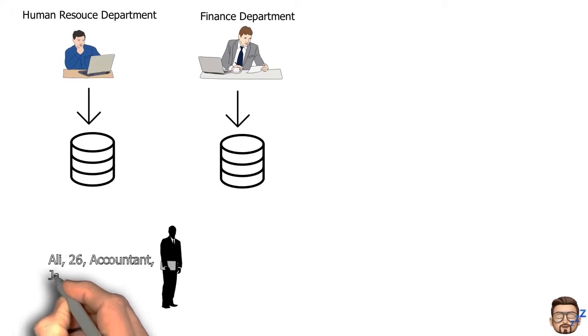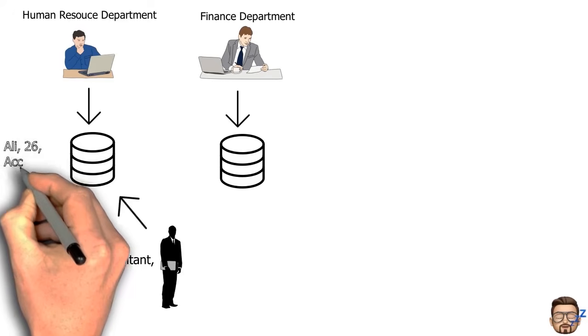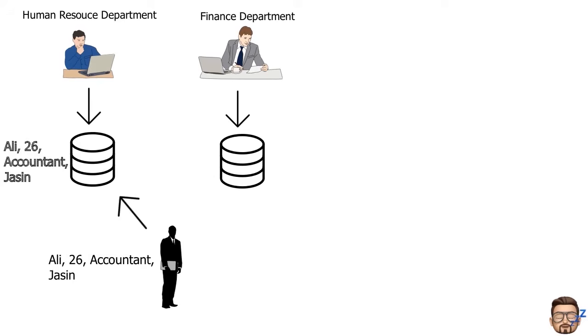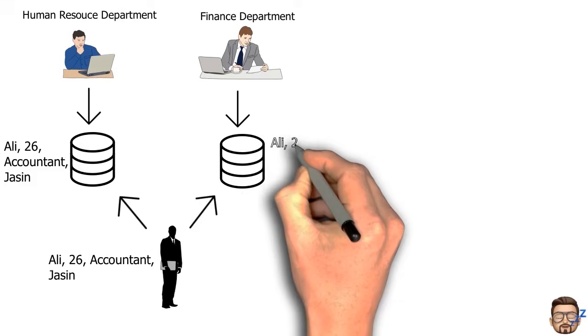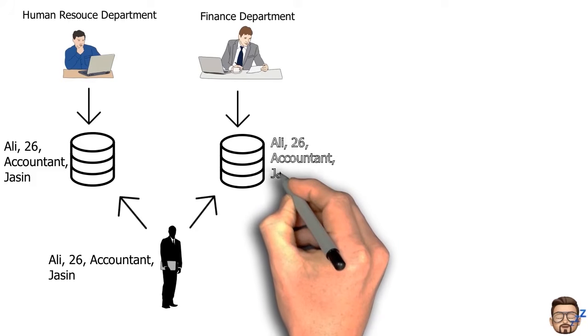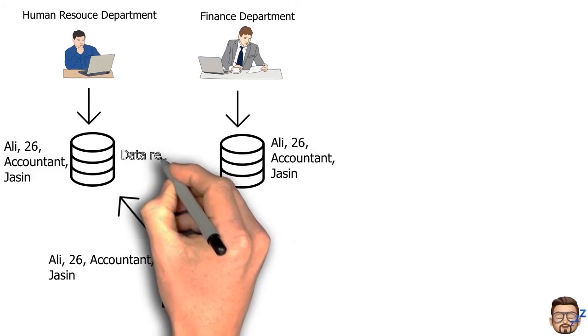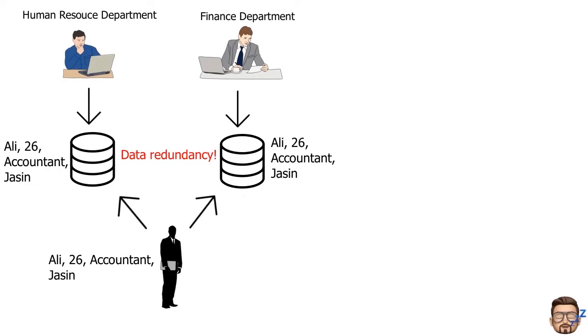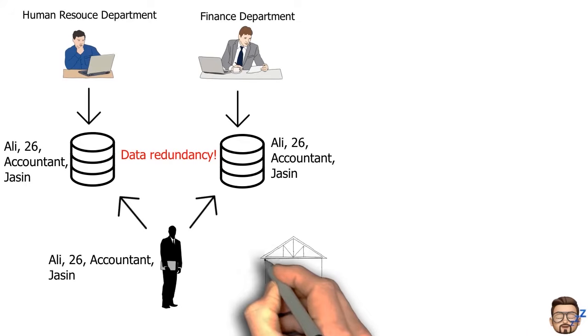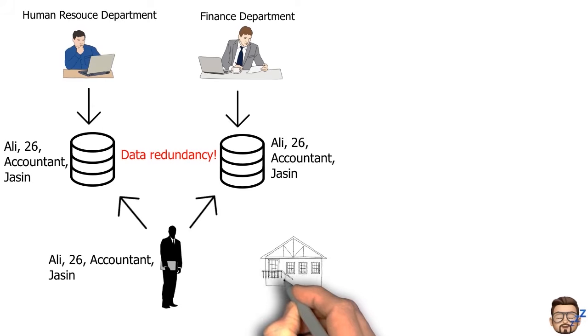Of course, he needs to report for duty to the HR department. And the HR department will store Ali's data in their database. Because Ali is an accountant, he is assigned to the finance department. When Ali reports for duty to the finance department, the department will record his data too, since the company is using the file-based system. They do not share the database. The same data is stored more than once, and that's what we call data redundancy.